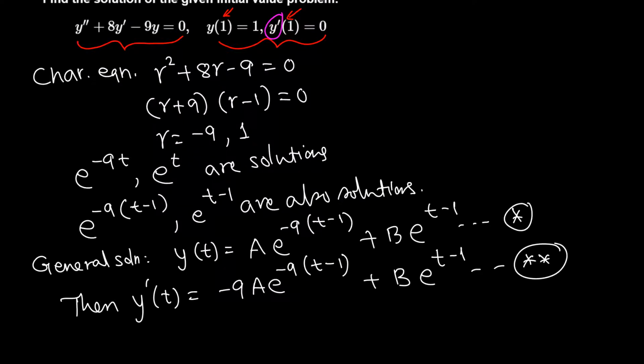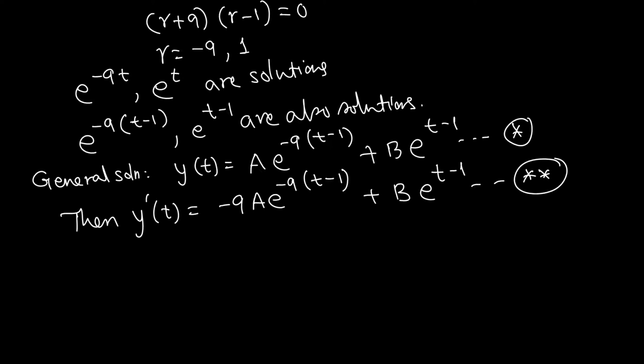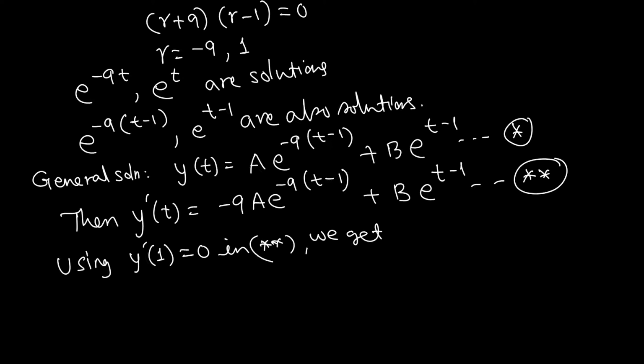It doesn't matter which initial condition you use first, but let me use the second one, which is 0. Using y prime at 1 equals 0: y prime is 0 when t is 1, so plug in 1 here.